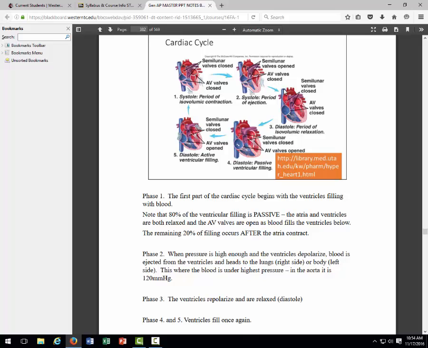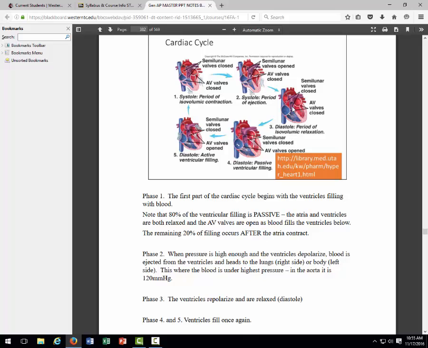Then the heart relaxes, and this is during that plateau phase, right, and repolarization just after that. The heart relaxes, and again, the blood flows back toward the heart, but as it flows back in the aorta and the pulmonary artery toward the heart, it shuts those valves. That's the second heart sound.